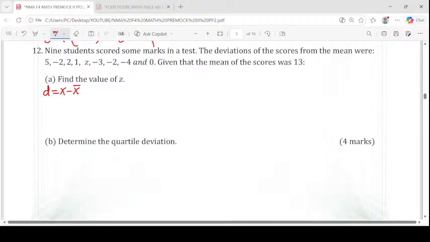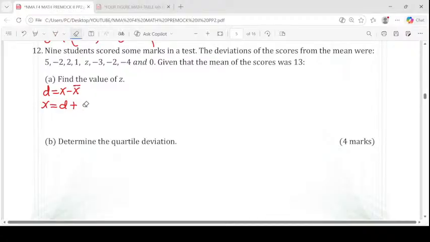This means to get the real values of x, x will be given by d plus x bar. But we know that the summation of the deviations from the mean is always equivalent to 0.